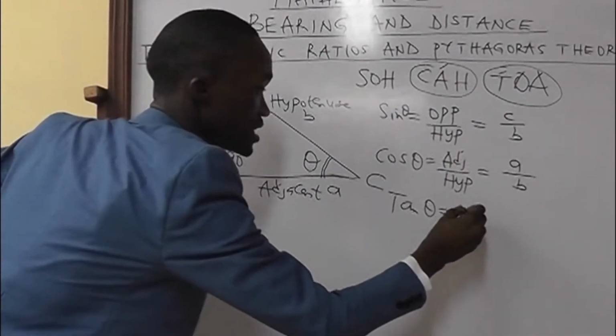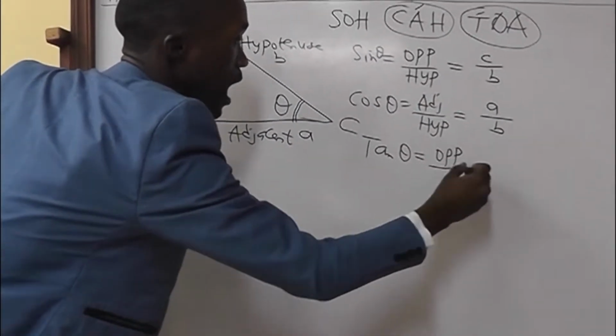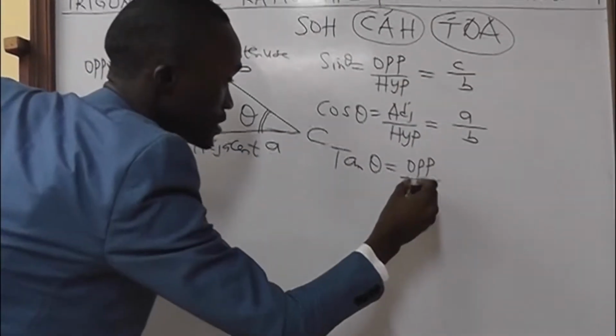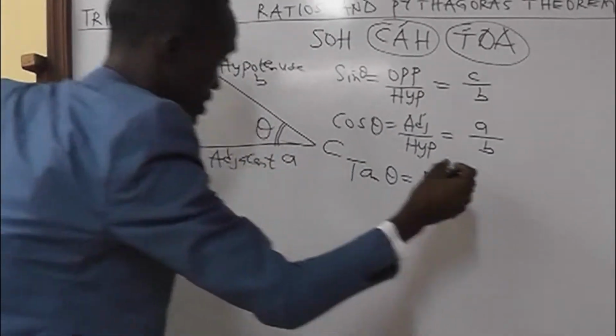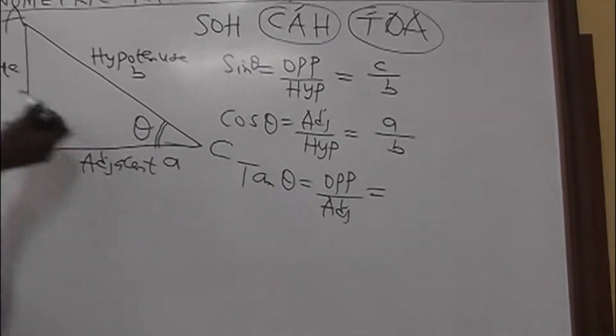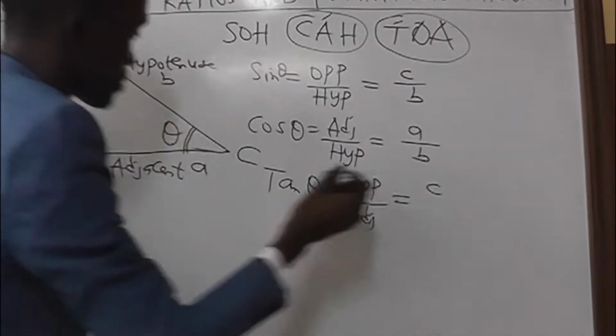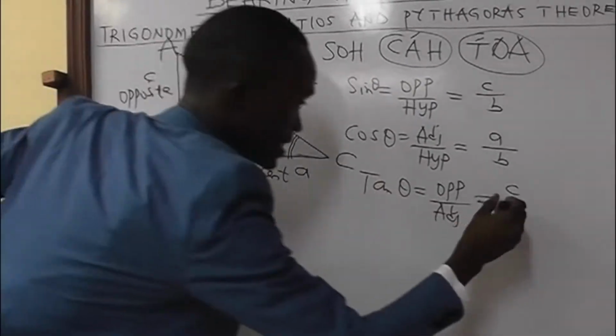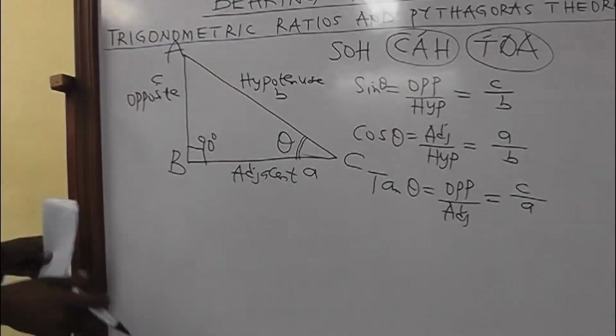O here is representing opposite, and A there is representing adjacent. So if you take that back to this triangle, opposite side is C, then the adjacent side is A.